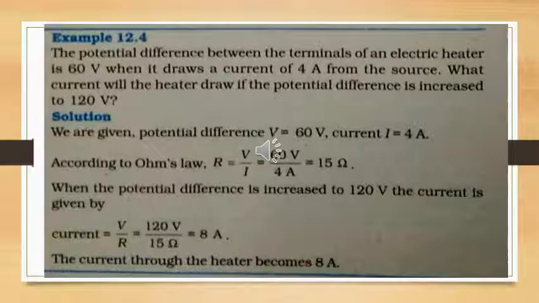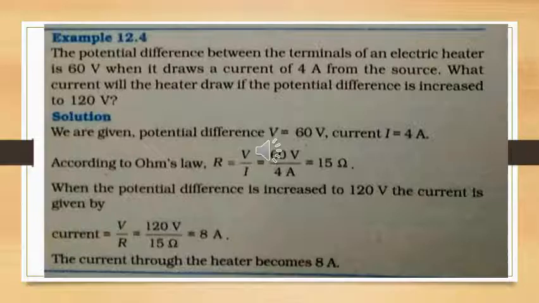Current is given, so we first find the resistance and then use that resistance to find the current. We are given potential difference V equals 60 volt, current I equals 4 A. According to Ohm's law, R is equal to V upon I. So 60 volt upon 4 ampere equals 15 ohms.